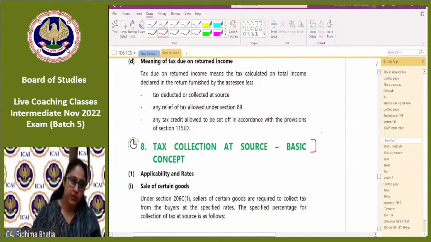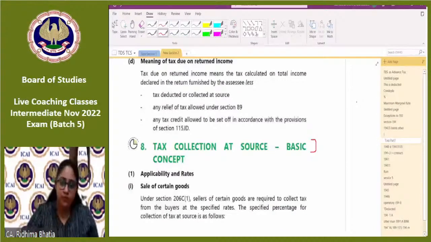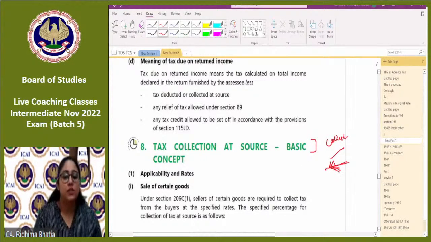Put TDS on a break for some time because you will get confused. Or if you can relate, simply, who used to deduct? The one who had the power to give the income, right? The one who had the right to give from his pocket. That's why he used to deduct. Here it is all about collection. So who will collect? The person who is collecting the money. Keep this much in mind, and we'll understand the concept of TCS.